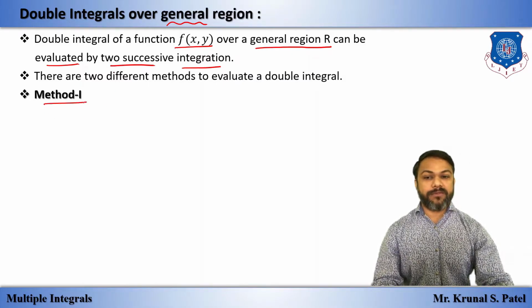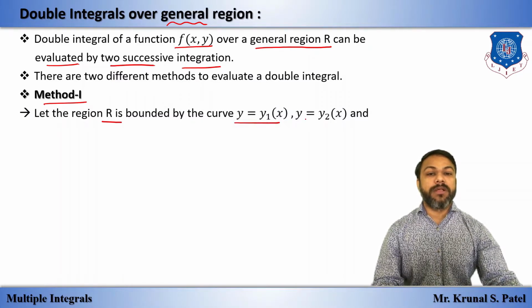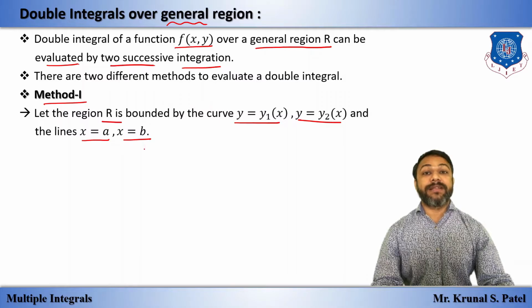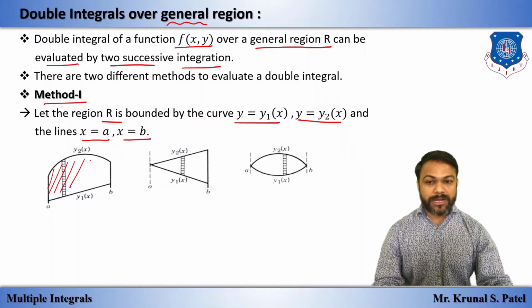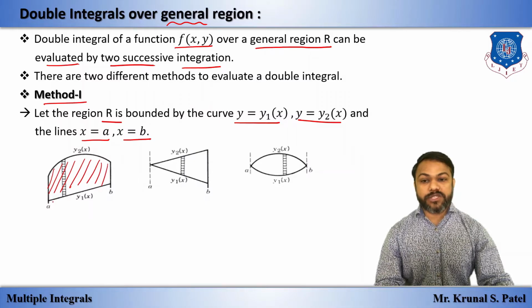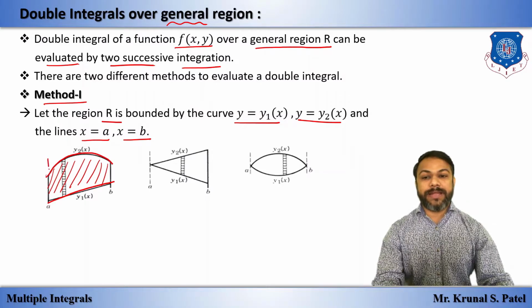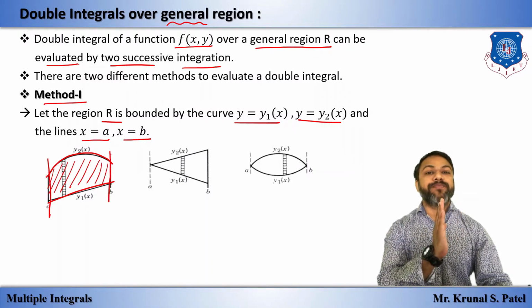First, method number 1. Let region R be bounded by two curves, y is equal to y1 and y is equal to y2, and two lines, x is equal to a on the left hand side and x is equal to b on the right hand side. To understand this, let's look at these curves. This region is totally covered by these two curves.